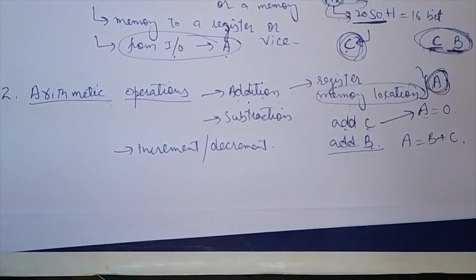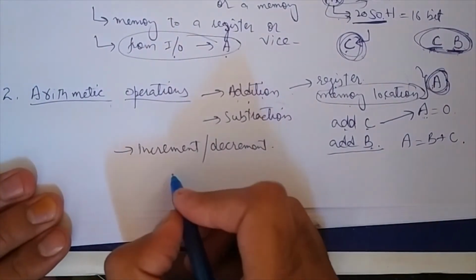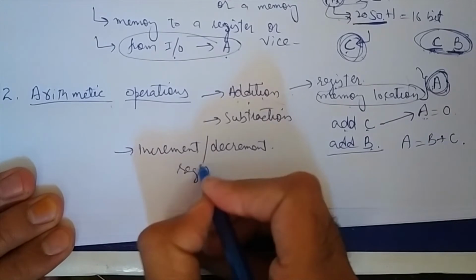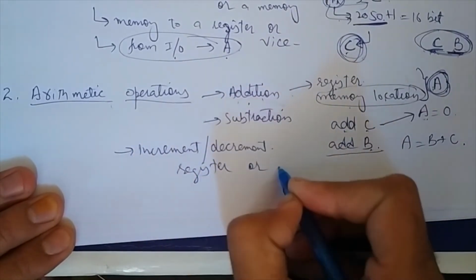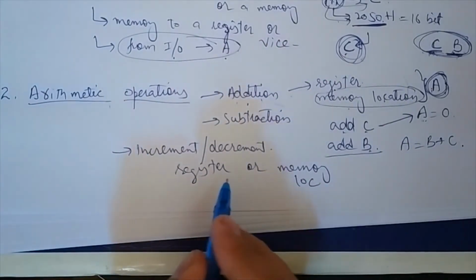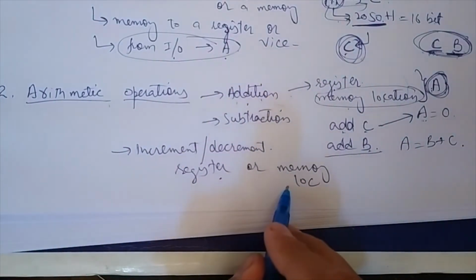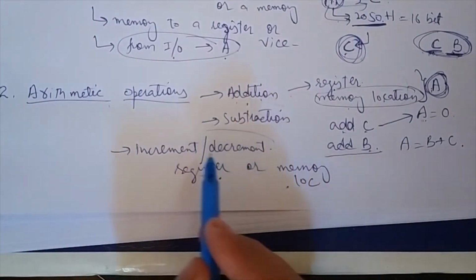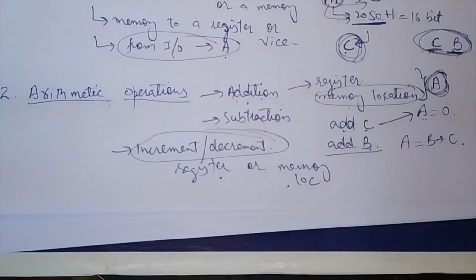Increment decrement means that if you have to increment or decrement some register or the data contained in a memory location, then we will use increment decrement operations.